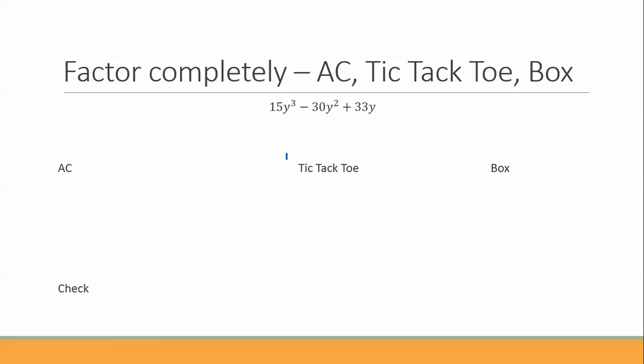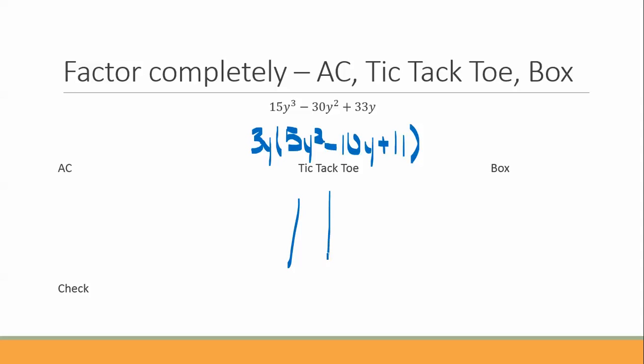If we do, we factored out a 3y, and we had 5y squared minus 10y plus 11. And with tic-tac-toe, we have 5y squared.